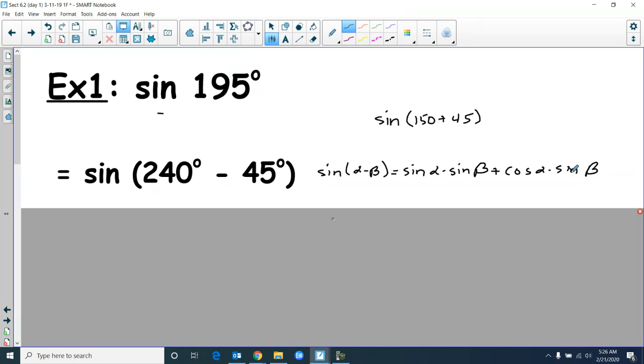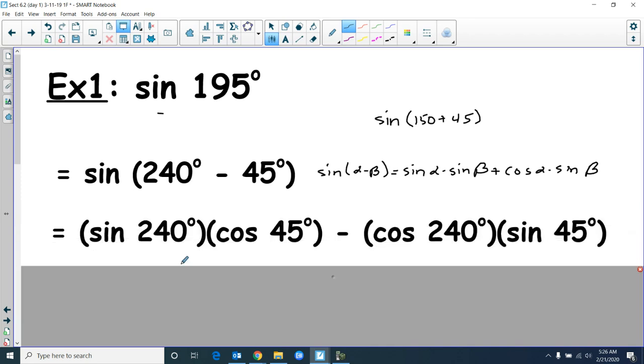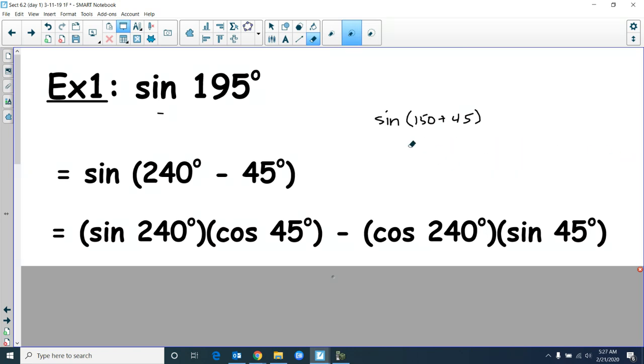We did not derive that one, but we're going to use it. So now what I have is the sine of 240, sine of the first, times the cosine. Whoops, I think I said it, but I didn't write it right. Cosine of the second angle. What did I do wrong here? Oh, I copied down the wrong angle. Oh, crap. Hold on. That's going to screw you guys up. Sorry. All right, hold on.